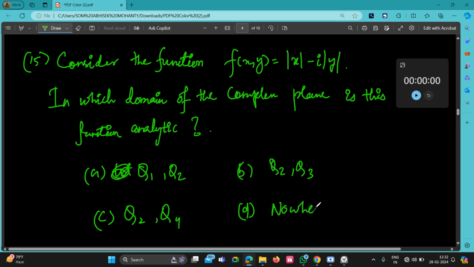Okay, let's try. So the function f(x, y) is equal to mod x minus i mod y. Which domain of the complex plane is this function analytic? Okay, let's try.